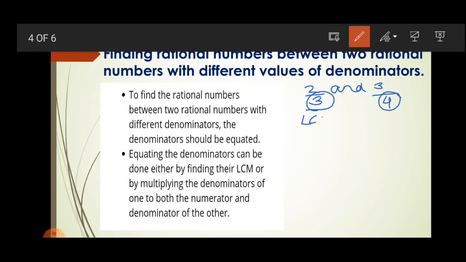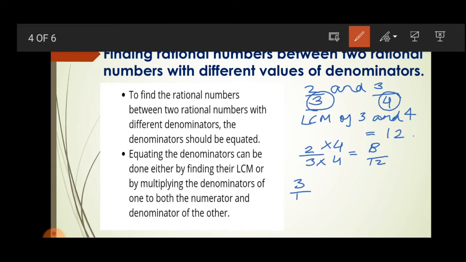So take the LCM of 3 and 4. LCM of 3 and 4 is 12. Now if we multiply 3 by 4, we get 12. So multiply numerator as well as denominator by 4. 2 into 4 is 8, 3 into 4 is 12.